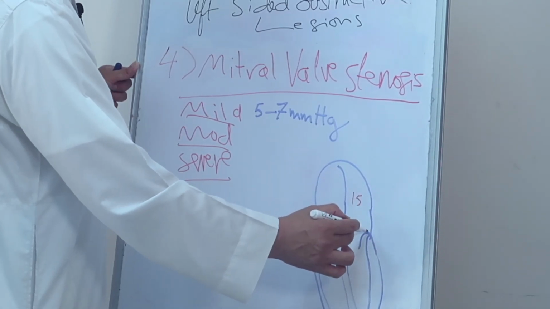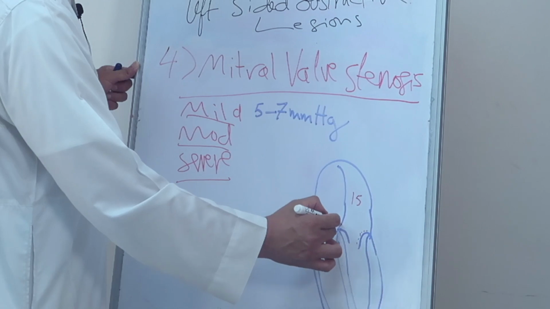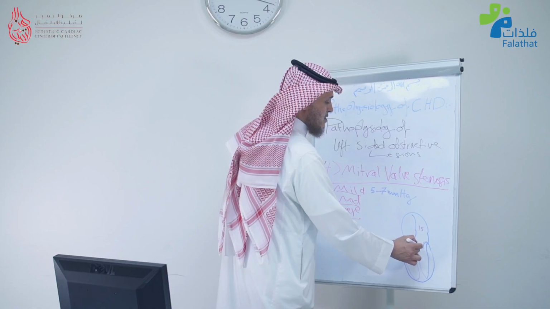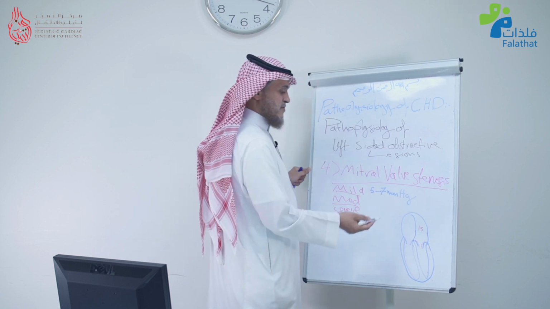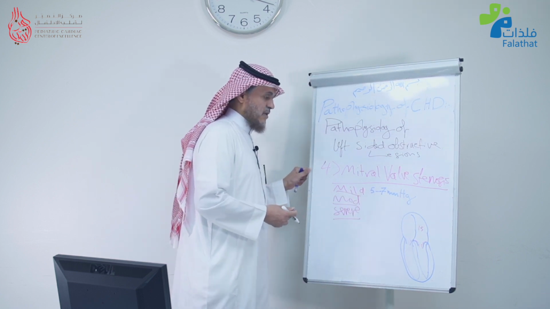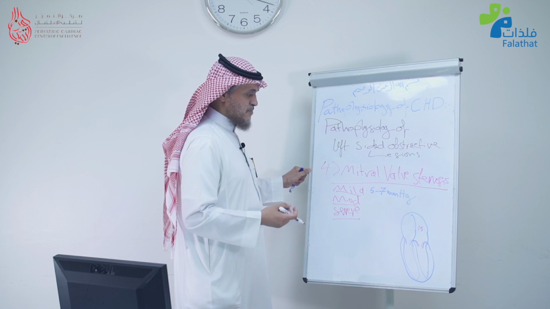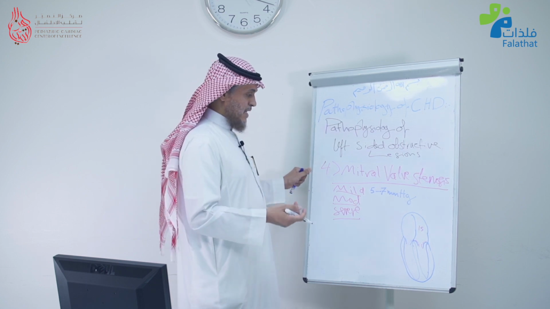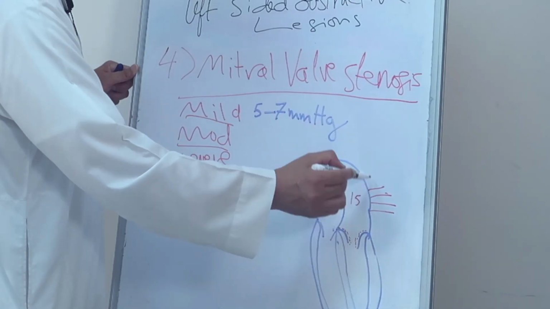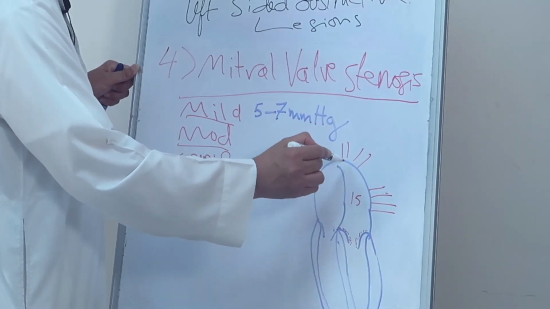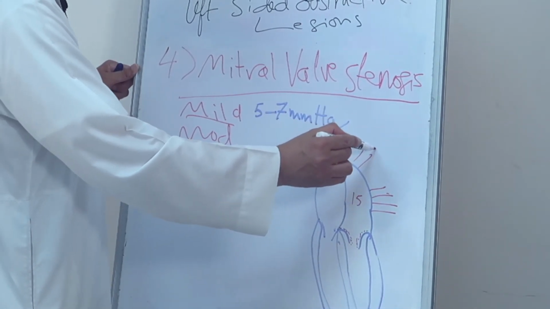And this is the mild mitral stenosis. Would we expect, if the left atrial pressure is 15, much effect? Yes, we would expect some effect. But again, if this is 15, then the pulmonary veins pressure will also reflect a 15.